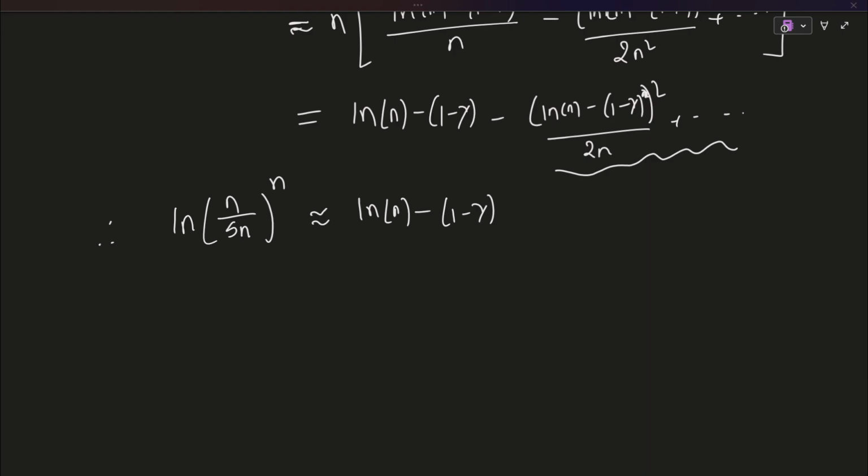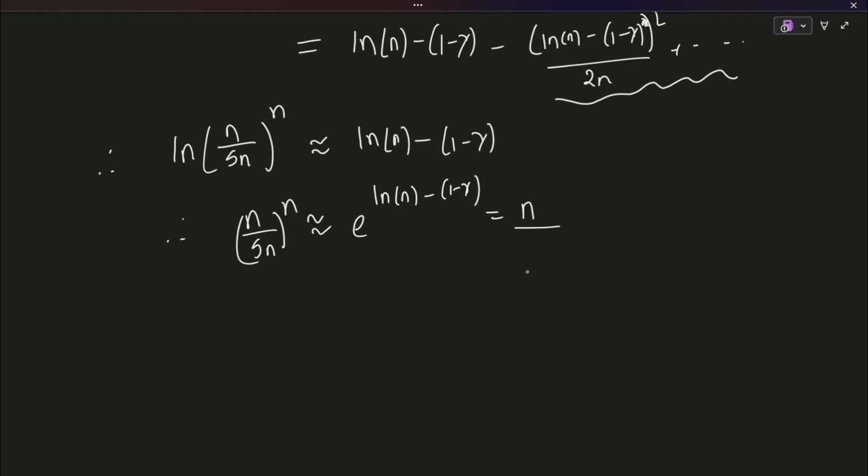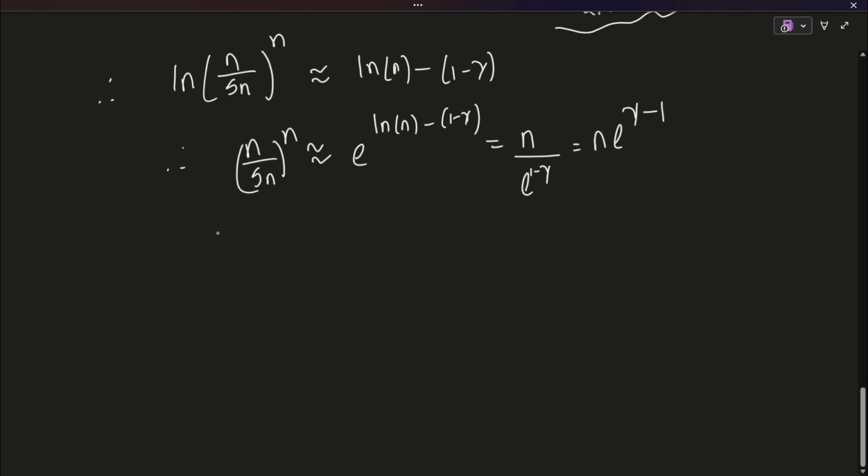And this would mean that we can now exponentiate both sides, and find that (n by Sn) whole to the power n is approximately e to the power (ln n minus (1 minus gamma)), which is nothing but n divided by e to the power (1 minus gamma), or in other words, n times e to the power (gamma minus 1).